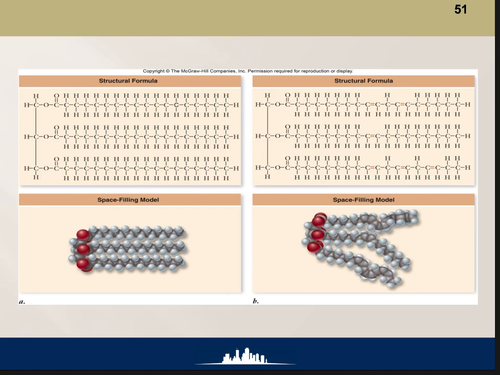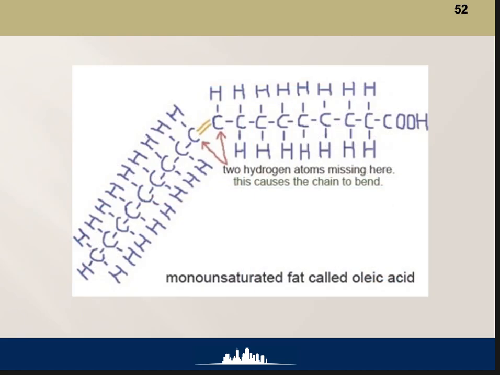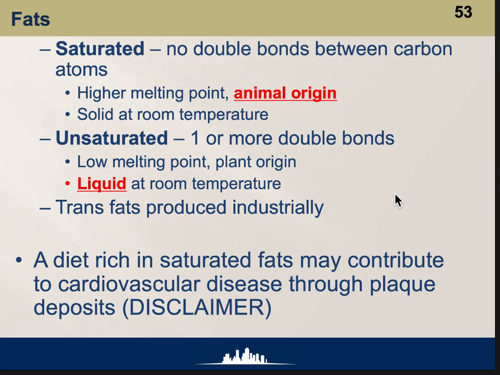In the right column, the unsaturated triglyceride will have double bonds in different places, and that will give different, quote-unquote, kinks in the molecule, where the fatty acid tails will not lay very close to each other. Here's an example of what that looks like, and it causes the chain to bend.